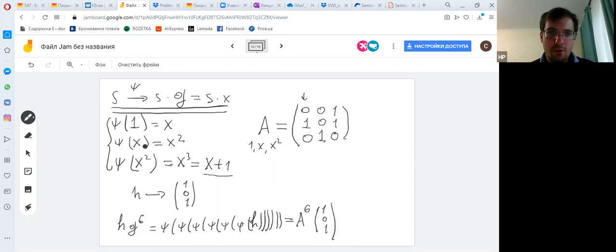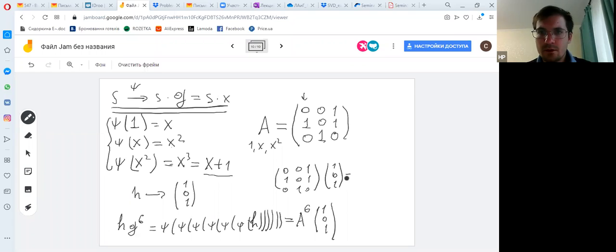Okay, and what is the reason? If I multiply this matrix by this vector, I obtain just 1, 0, because 2 equals 0.